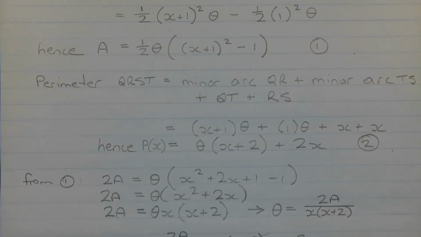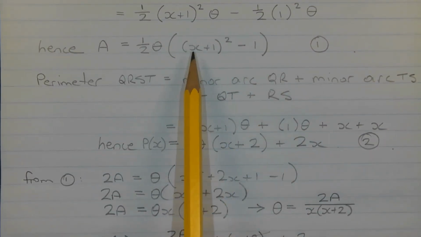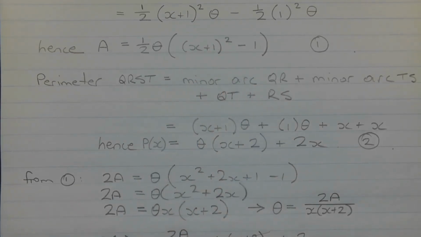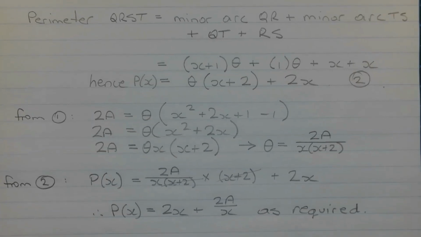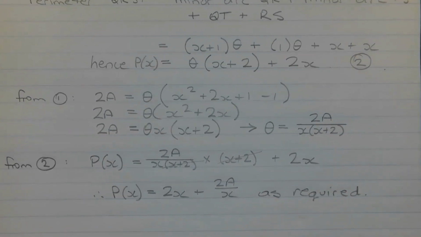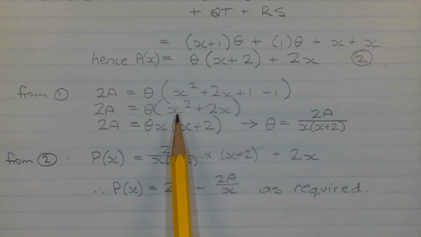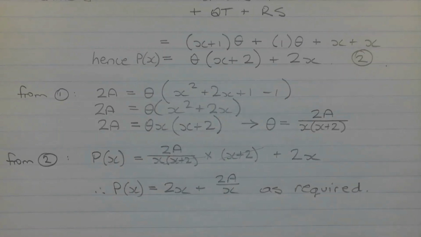So I'll just go back to the original equation. I just expanded this here, (x plus 1) in bracket squared, x squared plus 2x plus 1 minus 1. So 1 minus 1 will cancel, become 0. So we have 2a is equal to theta times open bracket x squared plus 2x close bracket. And we can factorise out x from what's inside the brackets here from these two terms.